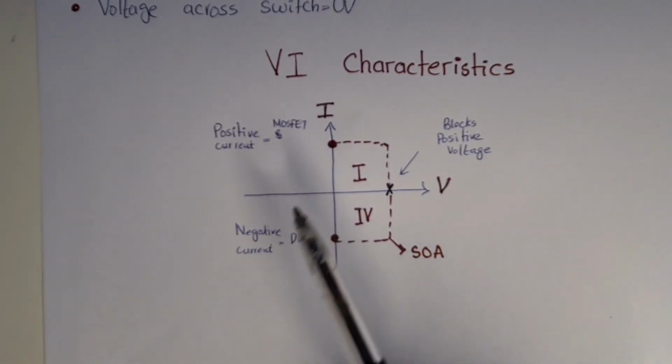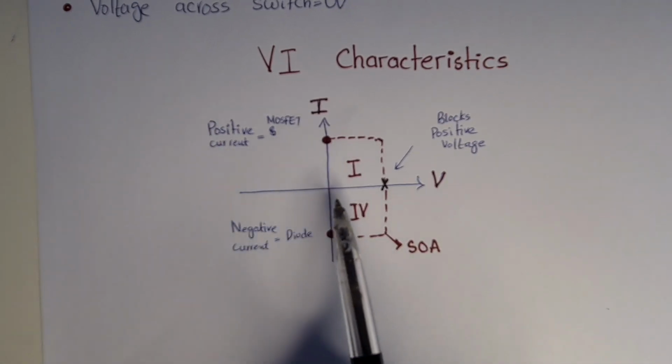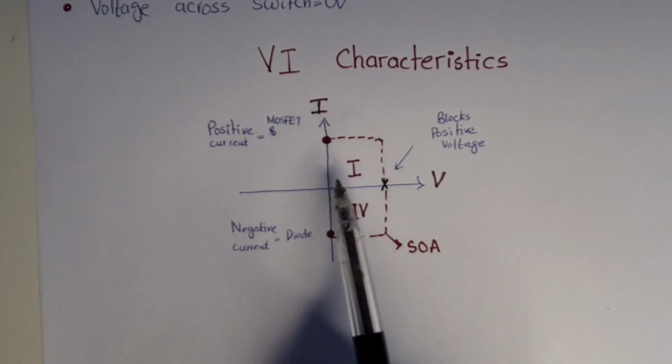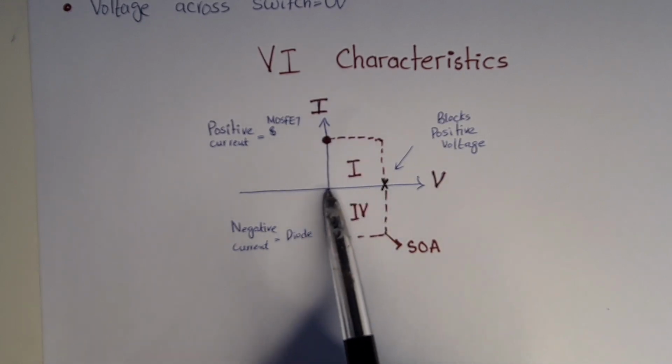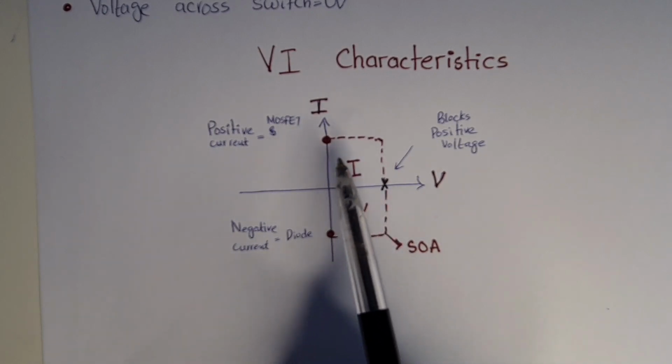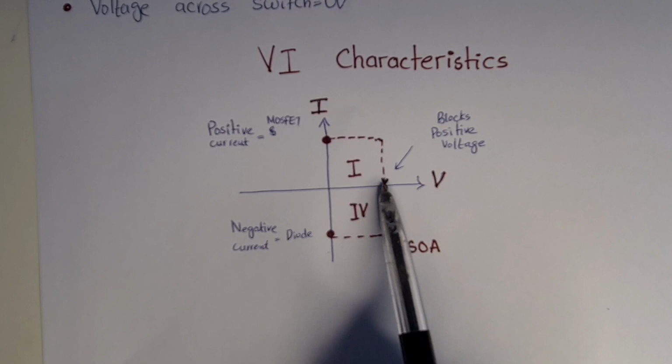If we talk about the VI characteristics of this MOSFET and IGBT in parallel with a diode: when VDS is greater than 0 and VGS is greater than 0, it will conduct positive current, with 0 voltage drop here. When VDS is greater than 0 but we don't have any voltage at the gate side, it will block positive polarity.